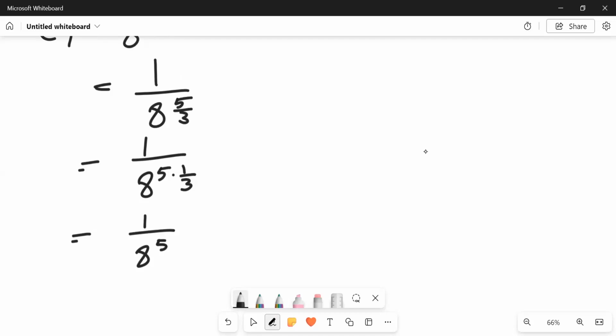This one, 1 over 3, can we write it as the cube root? Yes, we can write. But it's in fraction. This is in the fraction. Oh, yes, okay.